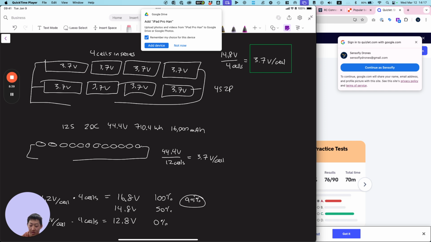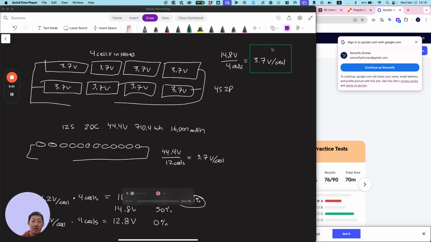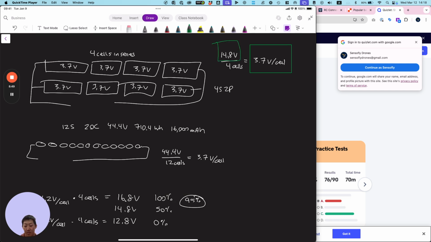So you'll see a total voltage. Like the battery that we looked at here was 14.8 volts. But then you have to divide by the number of cells to know what the individual cell voltage is. We had 4 cells because it was listed as 4S on the battery. Do you remember what the S means?